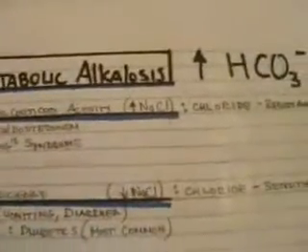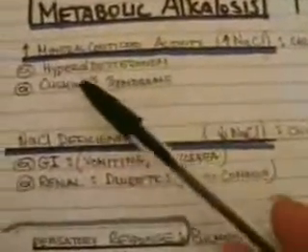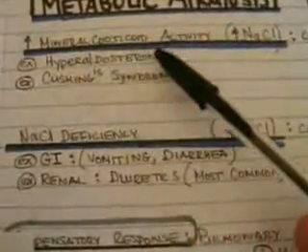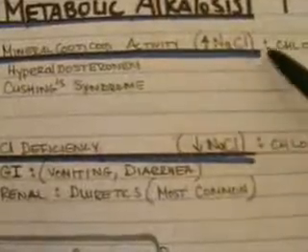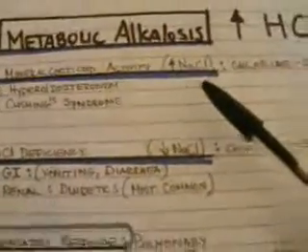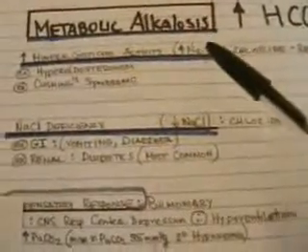And we can say that the primary pathology of metabolic alkalosis can either be an increased mineralocorticoid activity, which therefore gives an increased sodium chloride concentration, and it's also termed chloride-resistant metabolic alkalosis.